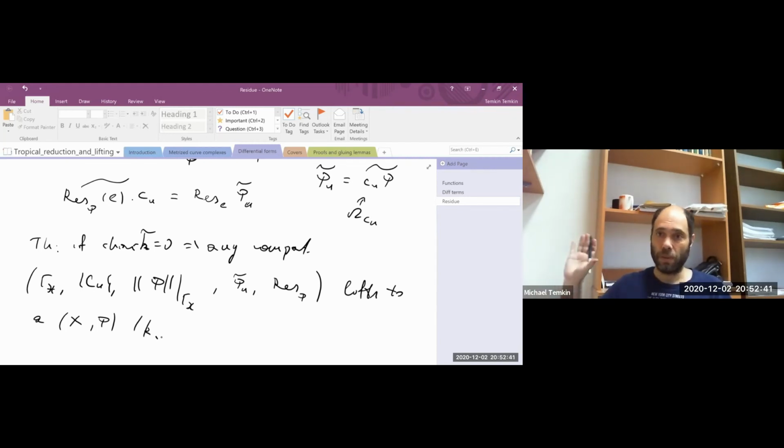And this is not true if residue characteristic is not 0. So we definitely know that there are more invariants, and just these invariants are not sufficient.